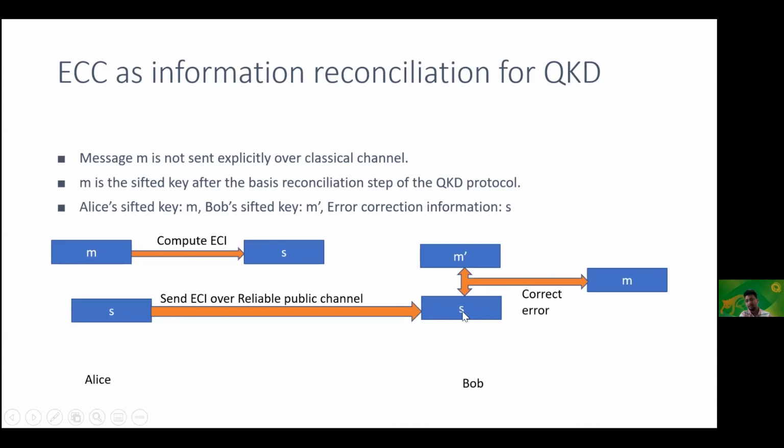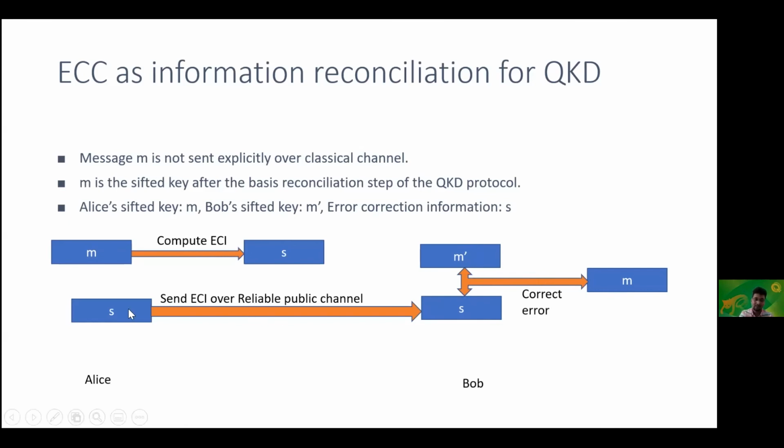Bob already has the message because he's part of the QKD, after the raw key, which has some error, or the shifted key. He has it, so he will take his erroneous message and the syndrome, and he has a protocol that takes these two inputs and outputs the original message. That way he will be able to correct it.